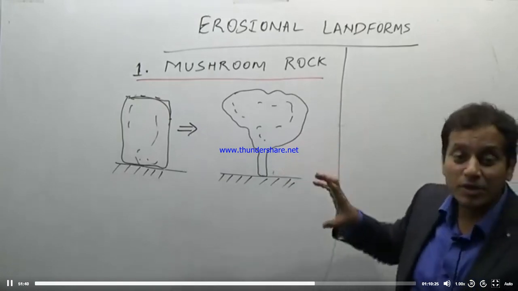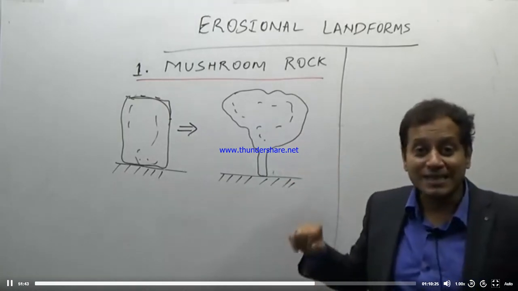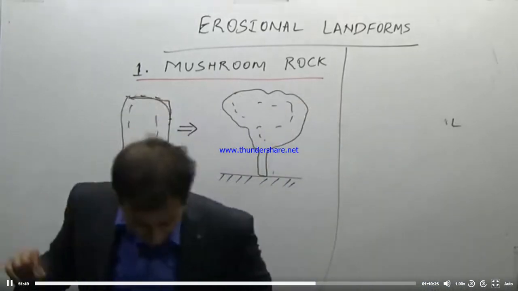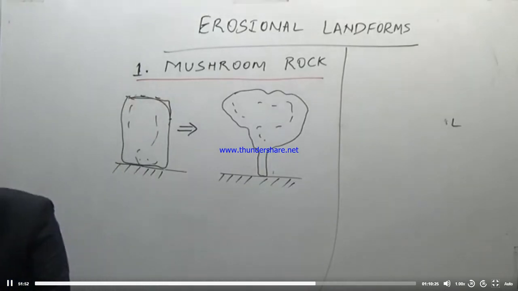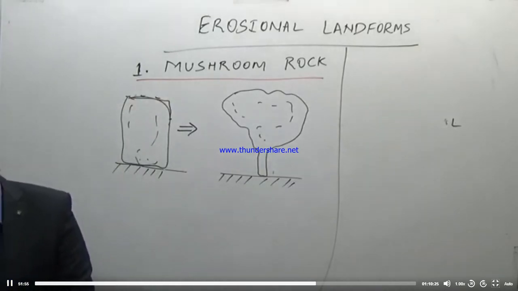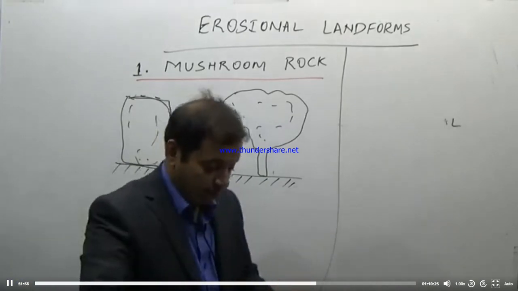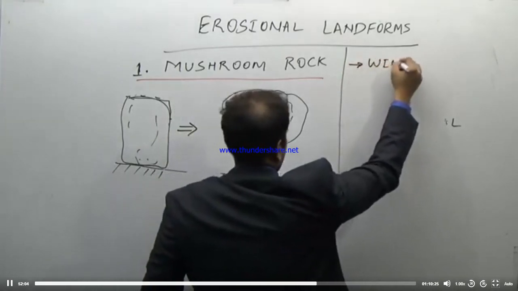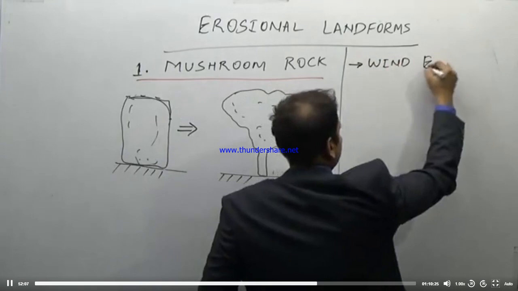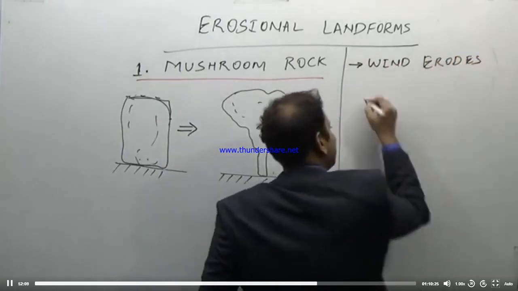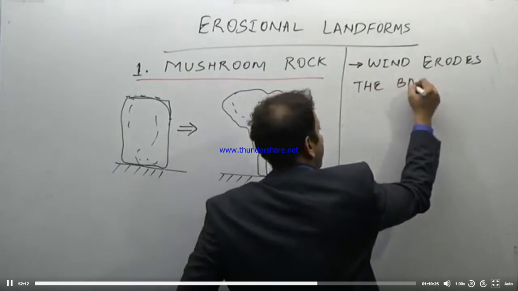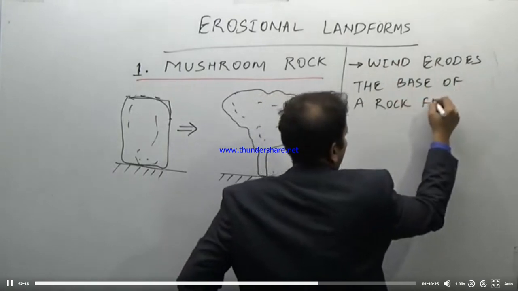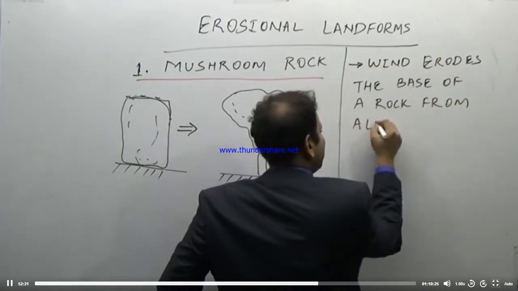So why? Because it is a mushroom shaped rock. Such a landform is known as a mushroom shaped rock. Now why is the mushroom shaped rock found? Mushroom shaped rock is found because wind erodes the base of a rock from all sides.